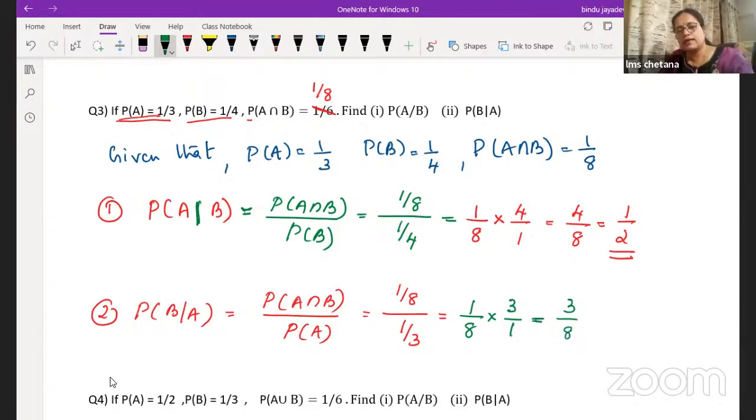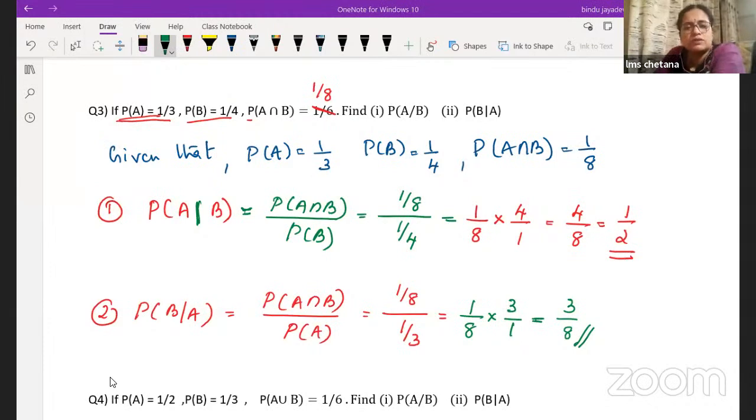3/8, write it as it is because there is no common term, right? Suppose 4 and 8, the common factor is 4, but for 3 and 8 there is no common factor. You can't divide both the numerator and denominator by the same factor. Therefore, write it as 3/8 as your answer. Changing to decimal is okay, good.